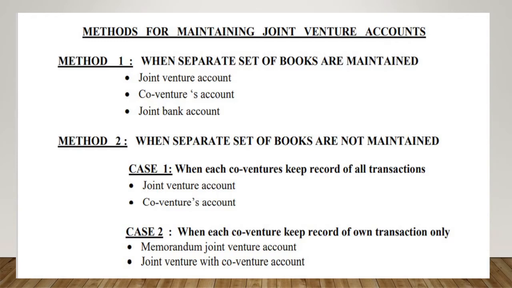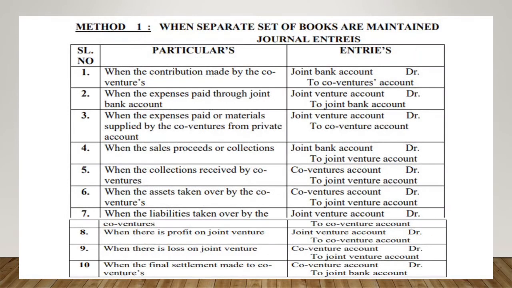One is that each co-venturer records all the transactions, or each co-venturer records the transactions of his own. That is a memorandum joint venture. Okay, journal entries we will see for method one.